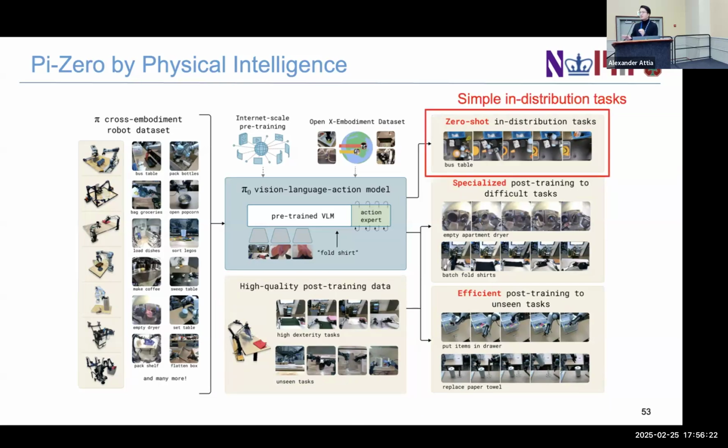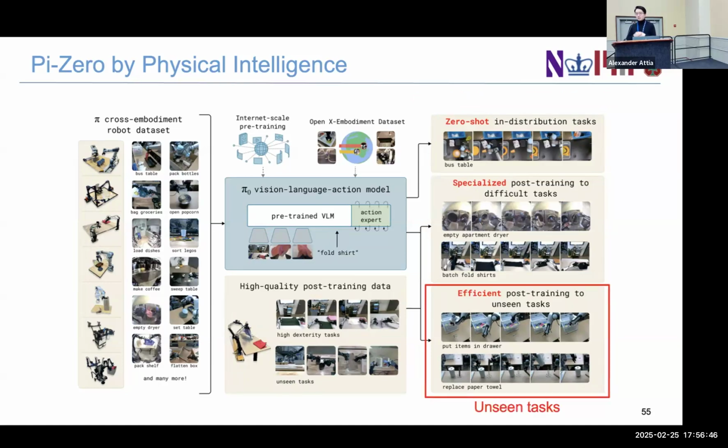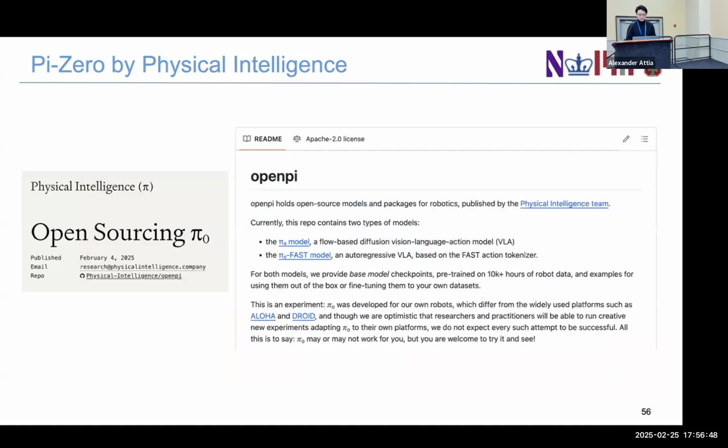More specifically, simple in-domain tasks can be reasonably accomplished with their pre-trained model in a zero-shot fashion. And by fine-tuning, doing this kind of post-training with newly collected demonstrations, you'll be able to do more complicated tasks, like for example folding shirts, or some unseen tasks.